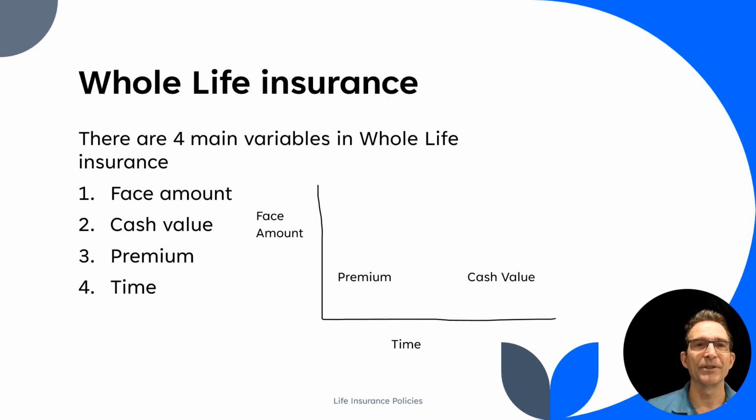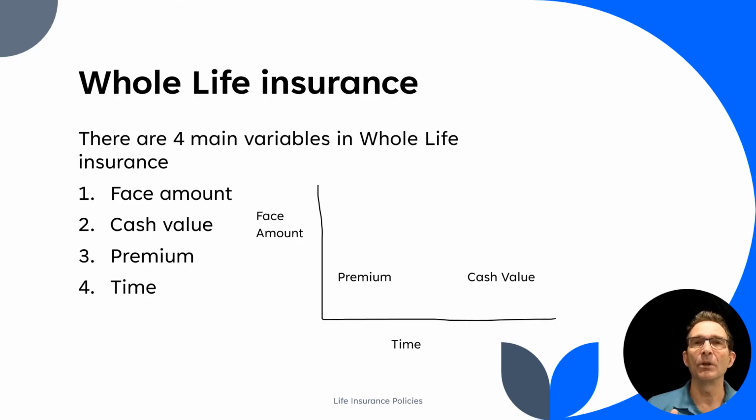Let's look at some other varieties. Again, when we say varieties, remember it's going to be those same four variables that are moved in different ways, that create the products that are more suitable or attractive to different buyers. So just revisiting those, remember our four variables: the face amount, that's a variable that can be changed, the cash value, the premium, and then time.